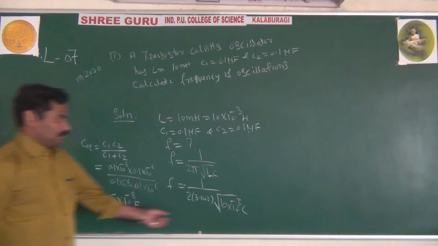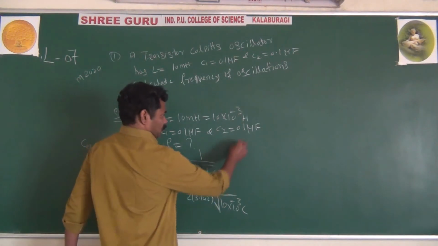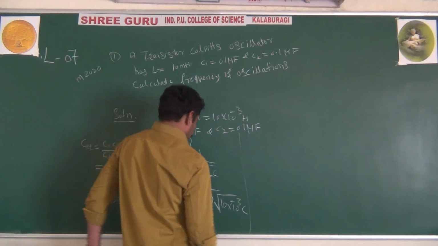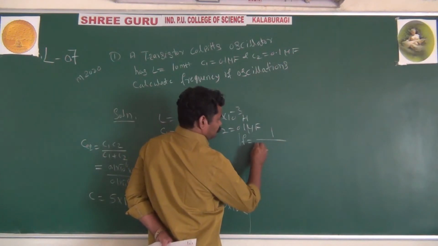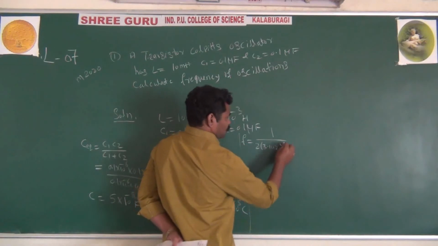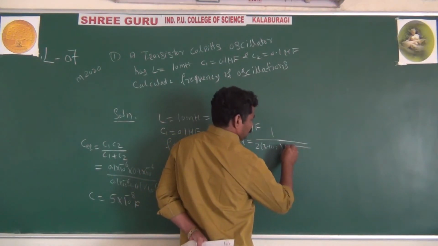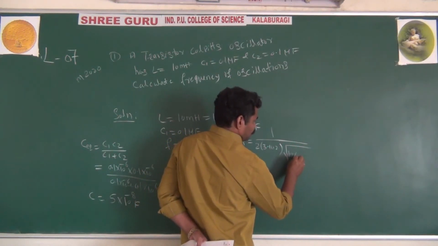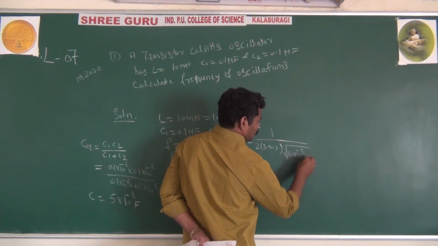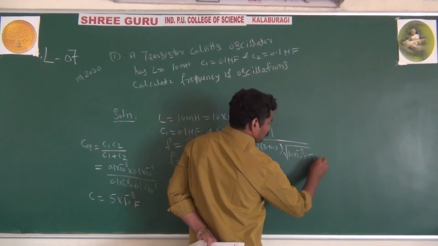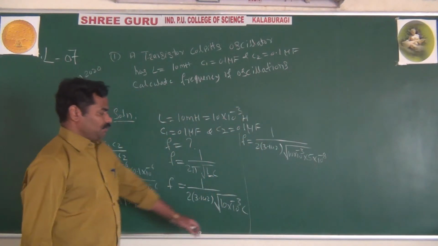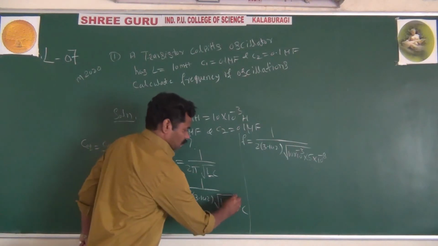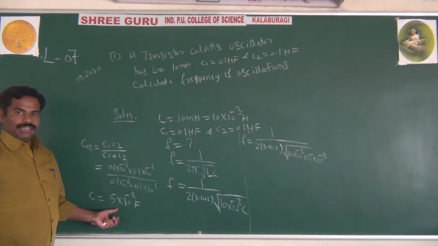This C value, substitute in the formula. Then F is equal to 1 divided by 2 into 3.142, and in the square root we can write 10 into 10 to the minus 3 into 5 into 10 to the minus 8. You substitute the C value here, 5 into 10 to the minus 8.